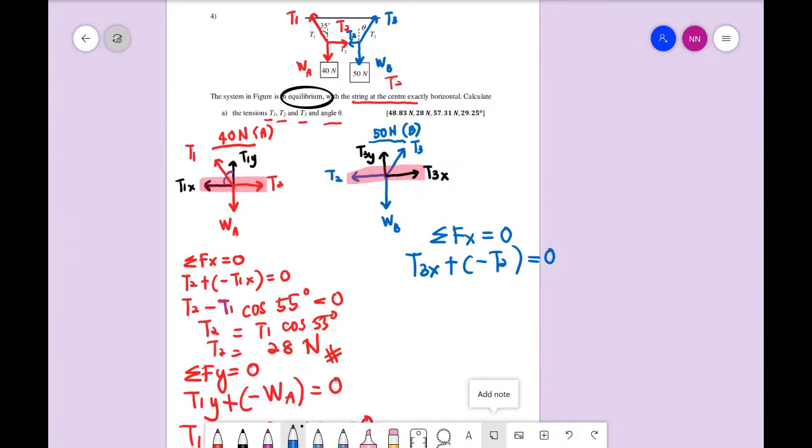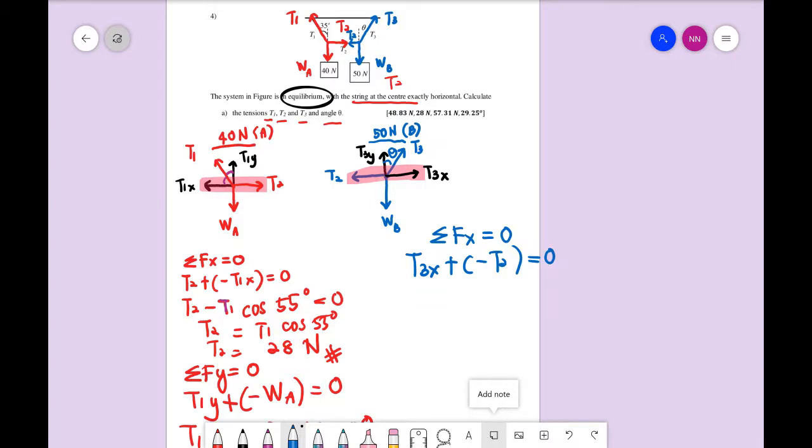The angle theta is here, that means we have to use that angle. So T3X will be T3 sine theta.